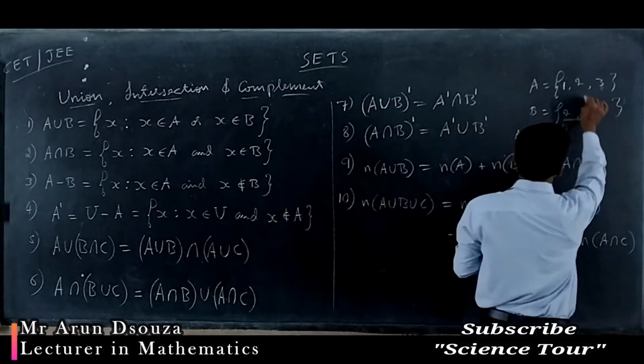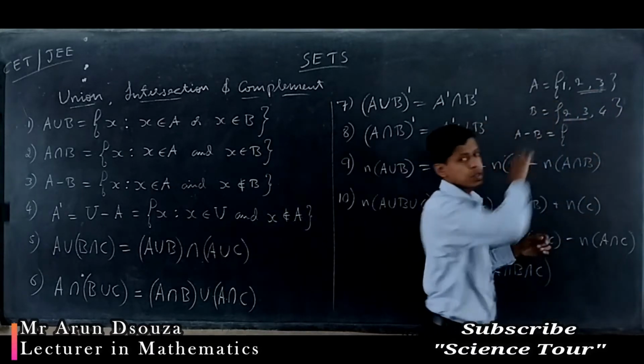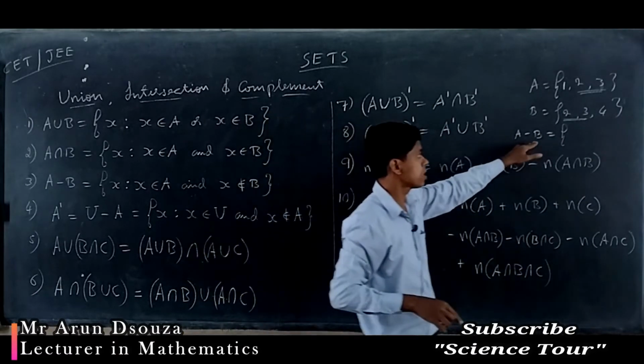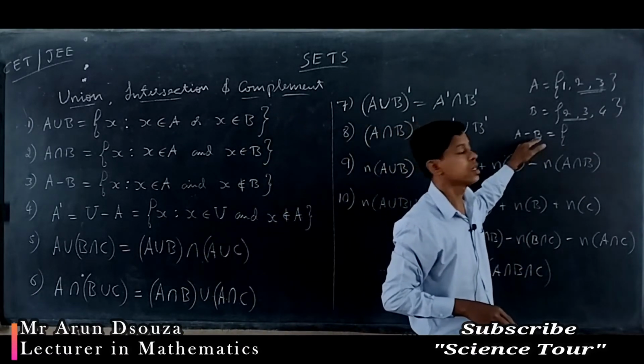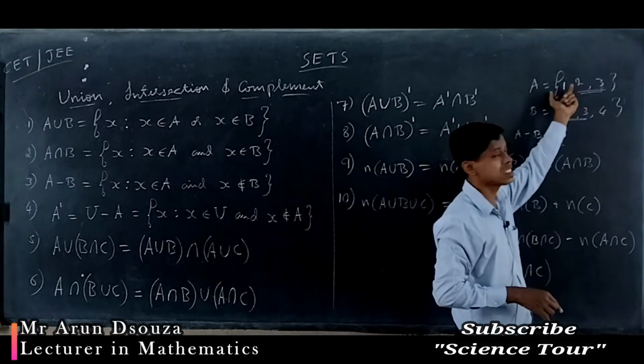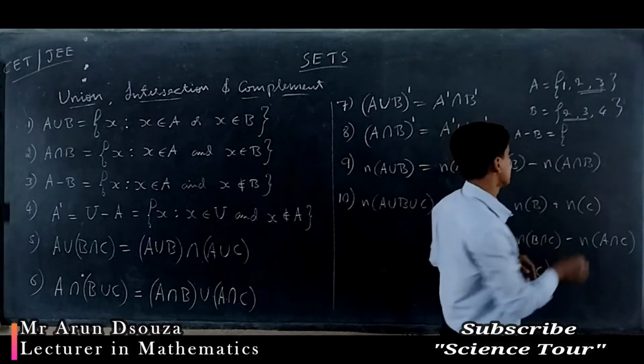So 2 and 3 are found in B, the elements of A, correct? Those elements should not be there in A minus B, and except those elements, all other elements must be in the set A minus B.